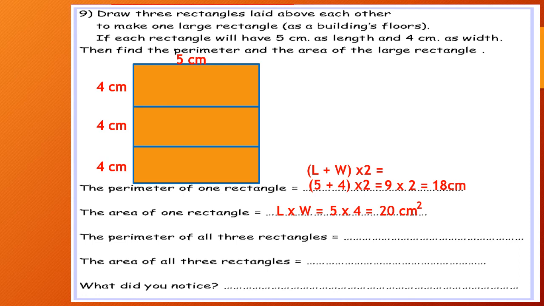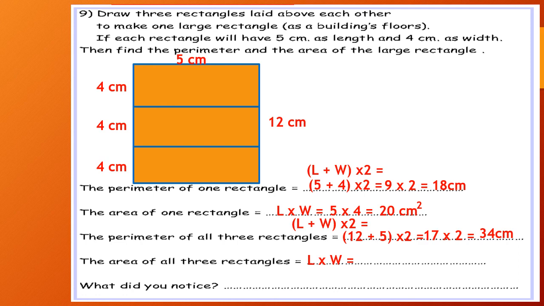The perimeter of all three rectangles: the length of the three rectangles together equals 4 plus 4 plus 4 equals 12 centimeters. So the perimeter of the big rectangle equals length plus width, times 2. 12 plus 5, times 2, equals 17 by 2 equals 34.